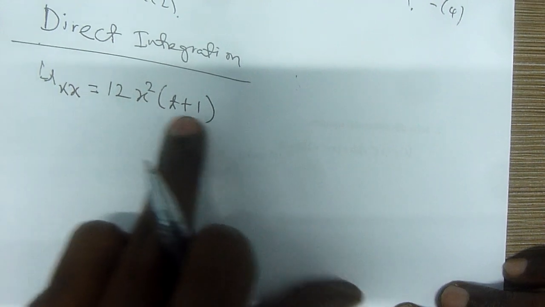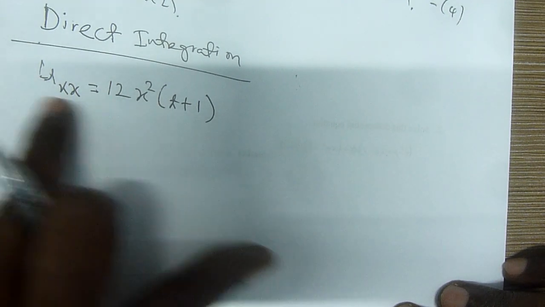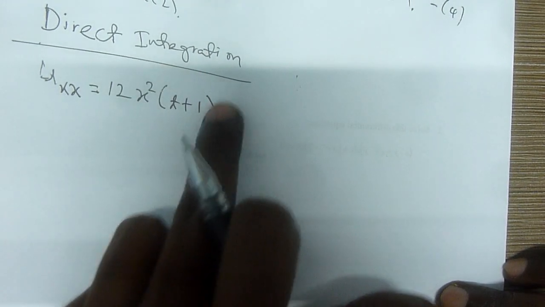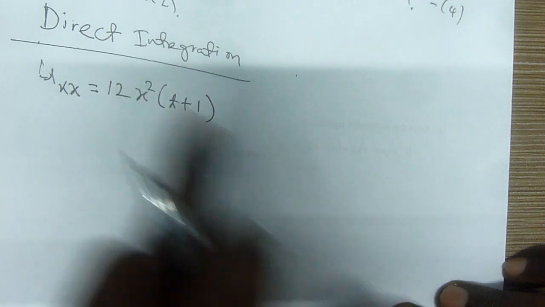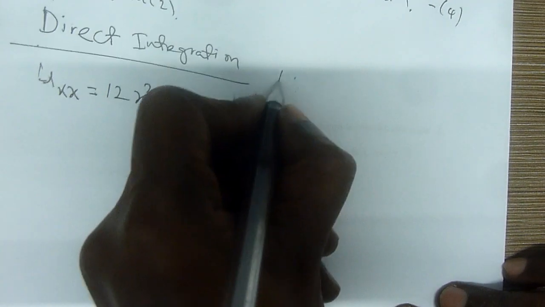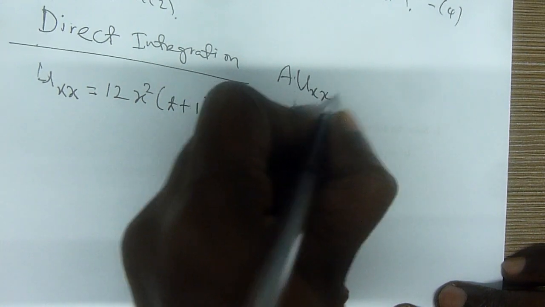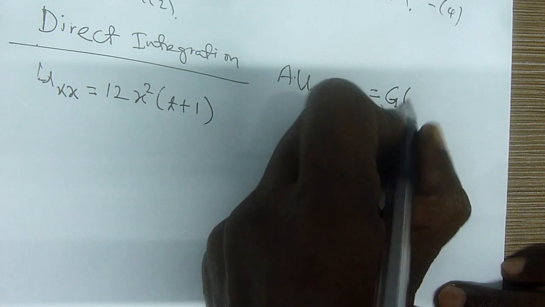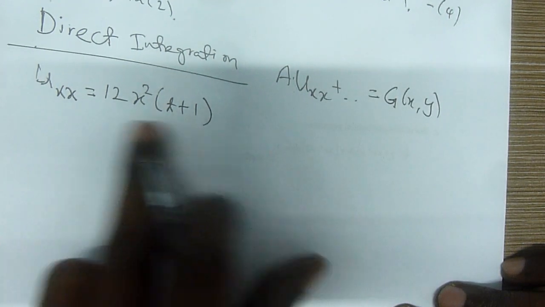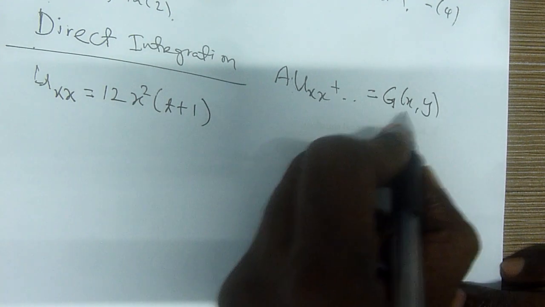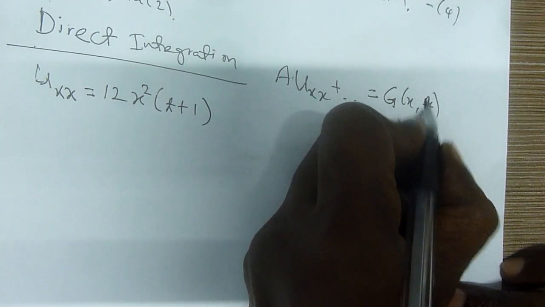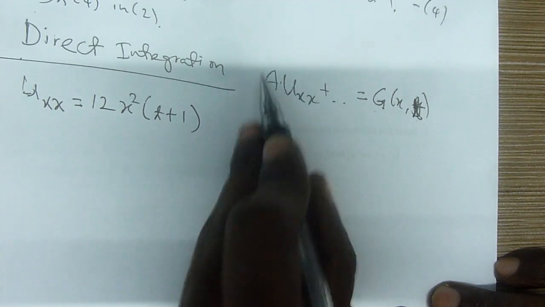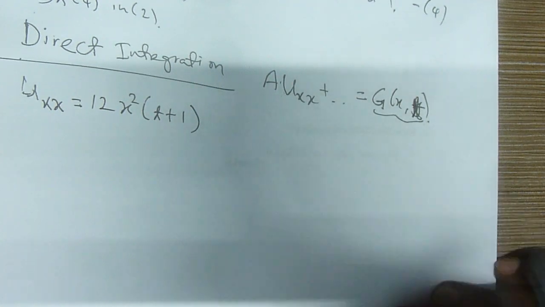You can see this is non-homogeneous because of this G. In this equation, the rest are all 0, so we only need to consider that G exists here, for X and T. Therefore, we can see this is non-homogeneous.